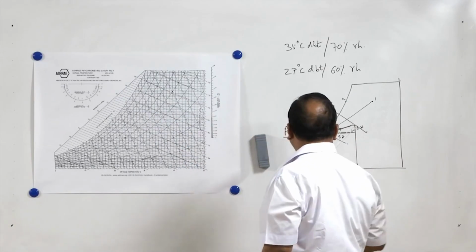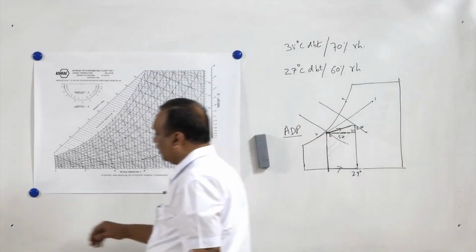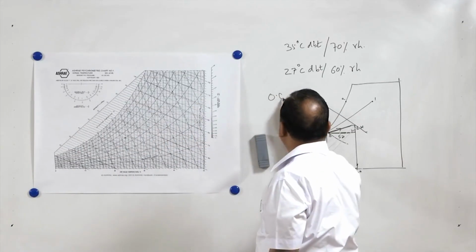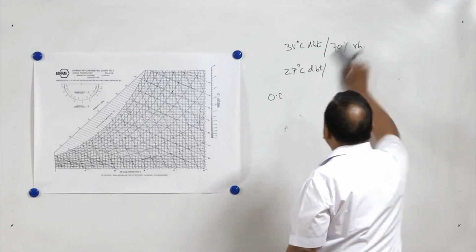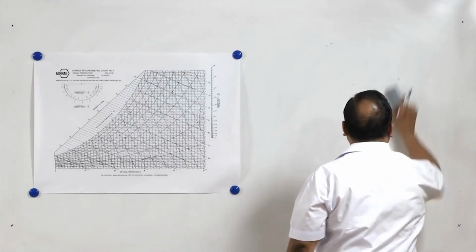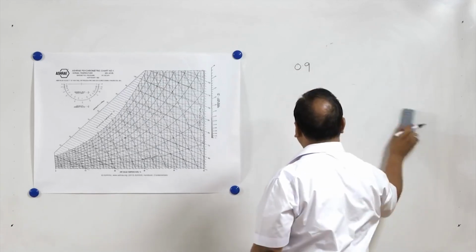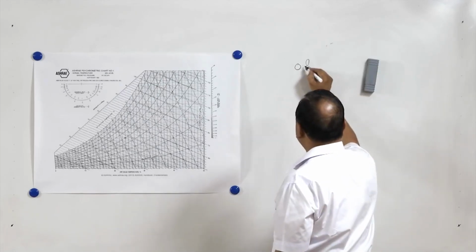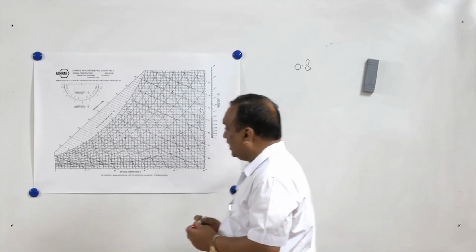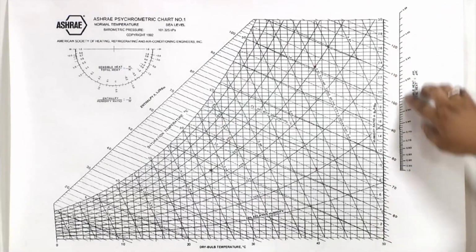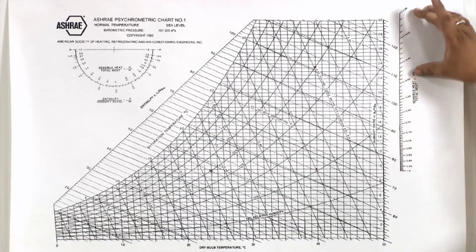Suppose I want to have a sensible heat factor line of 0.9 or 0.8. These divisions you can see are not uniform.